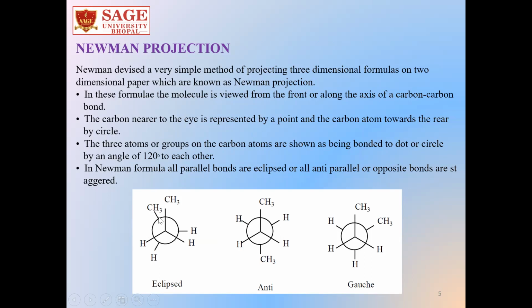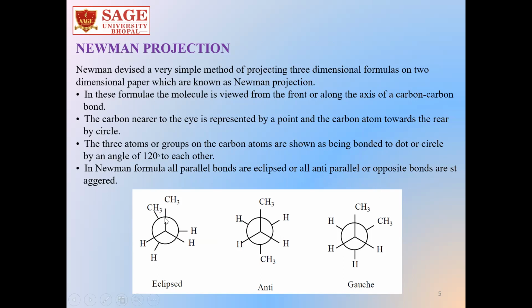The three atoms or groups on the carbon atoms are shown as being bonded to the dot or to the circle at an angle of 120 degrees to each other. So this angle is 120 degrees. For the rear carbon also, these angles are 120 degrees. In Newman projection formula, all parallel bonds are eclipsed, or all anti-parallel or opposite bonds are staggered.